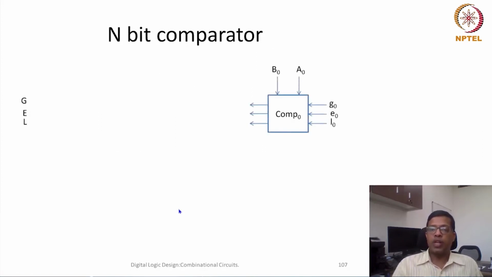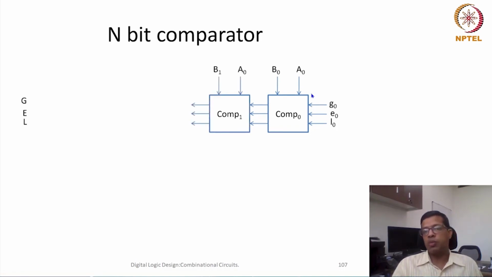we can see that first we'll have a comparator 0. In comparator 0 we'll have G0, E0 and L0 as input, and A0 and B0 would be the input from the input side. Similarly there would be the first comparator, then the second comparator.